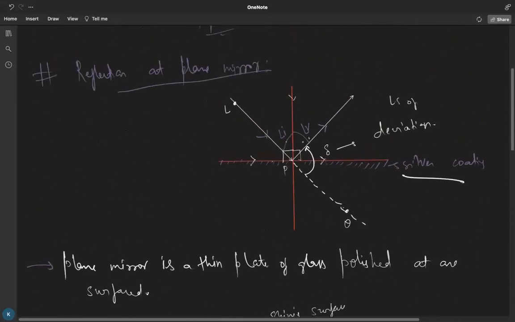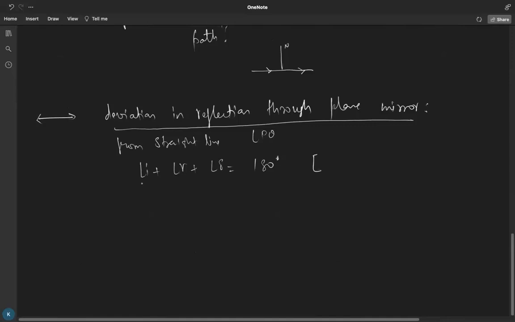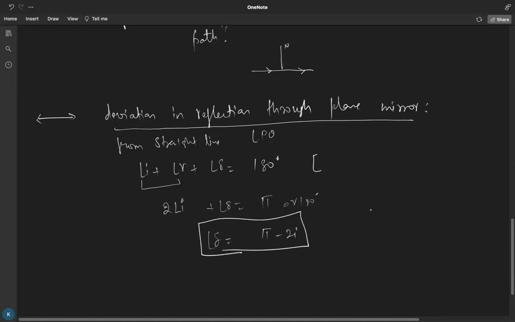Angle of incidence plus angle of reflection plus deviation angle is equal to 180 degrees, right? This and this angle are the same, so we can write twice the angle of incidence plus the angle of deviation is equal to pi, or 180 degrees. So the angle of deviation is equal to pi minus 2i, where i is the angle of incidence.